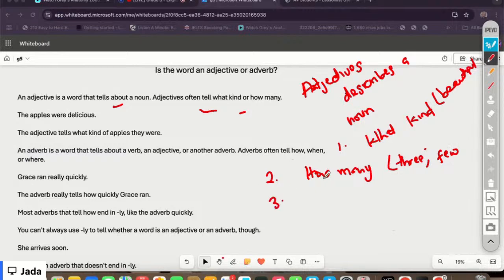Then we have the last one, which one, like that fast. So an adjective describes or modifies a noun, and it tells us more about the noun, like what kind, how many, or which one is it.